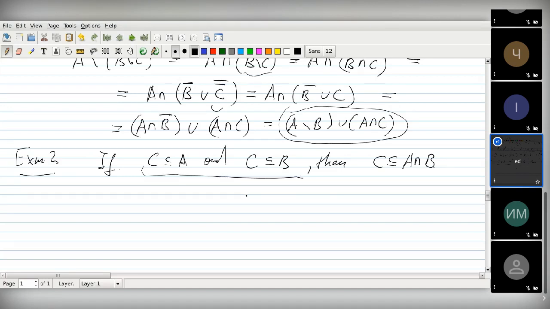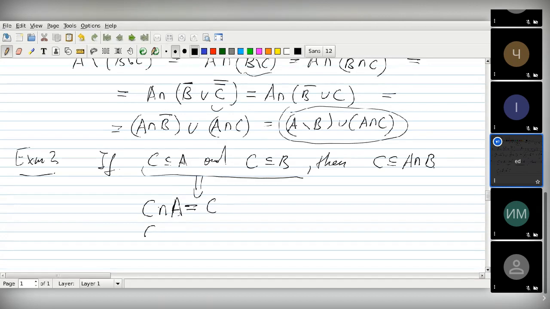Of course, it is not hard to prove it by considering elements. But what does it mean that C is a subset of A? That means that the intersection of C and A equals what?